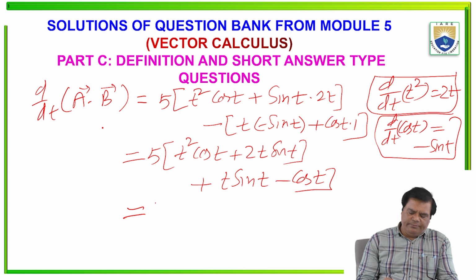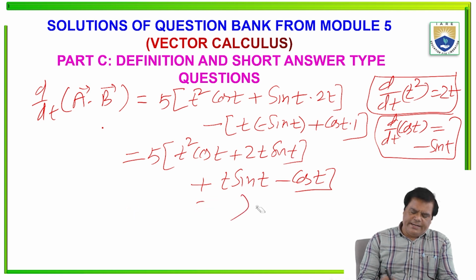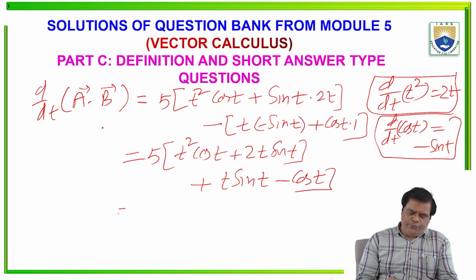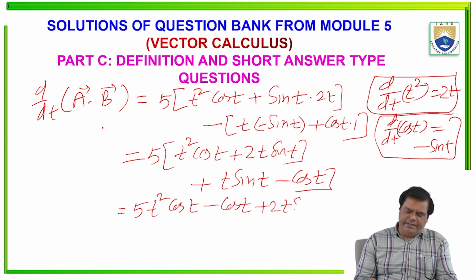So cos t is common. Writing here 5t square minus 1, or we can write it this way: 5t square cos t minus cos t plus 2t sin t plus t sin t.